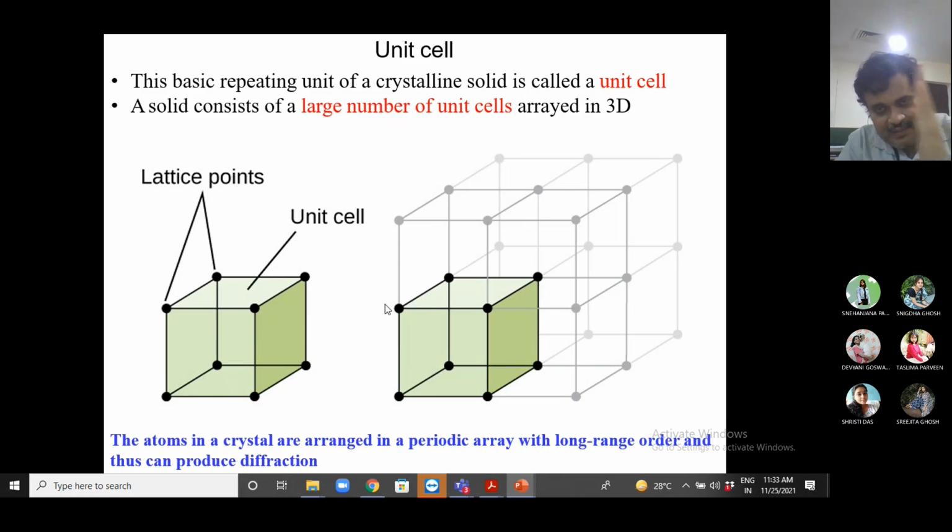For the y direction, they are arranged in a particular order, and due to this order, whatever light falls on it gets diffracted following a particular order. So if we can catch the light which is diffracted, we can easily come back and solve the three-dimensional structure of this crystal. Correct? Correct or not? Yes, sir. Fine.